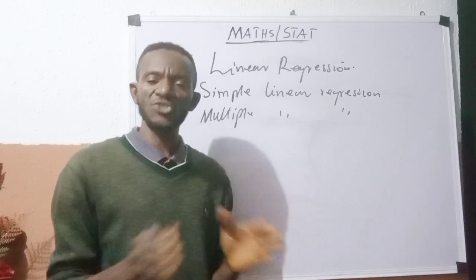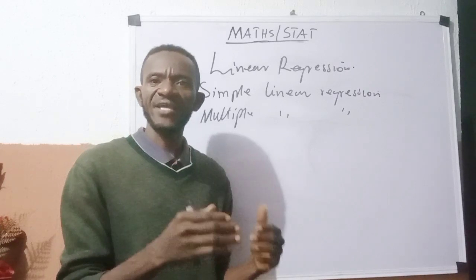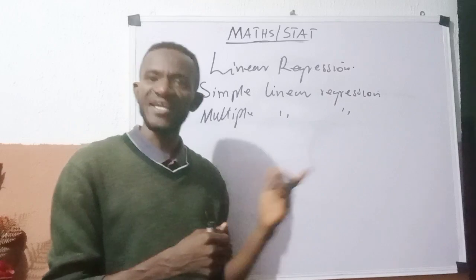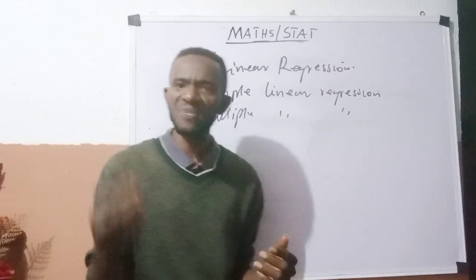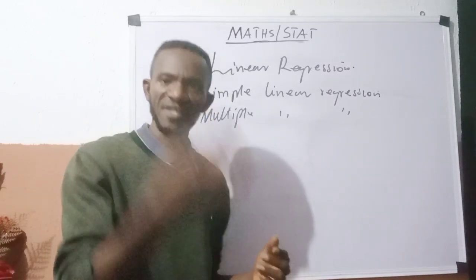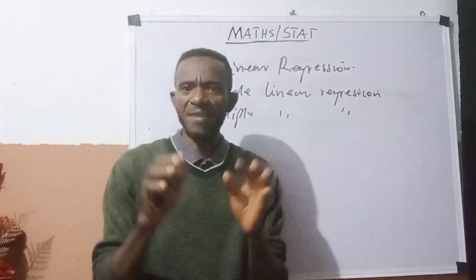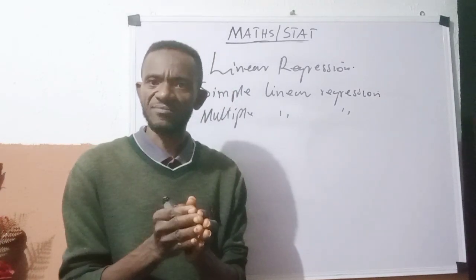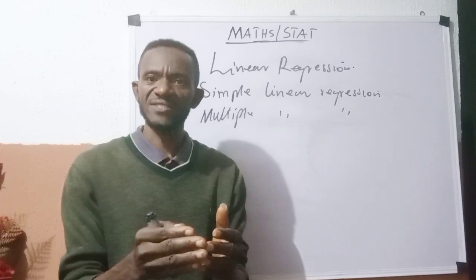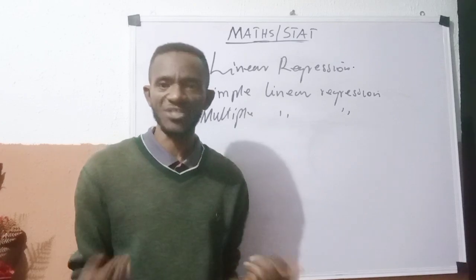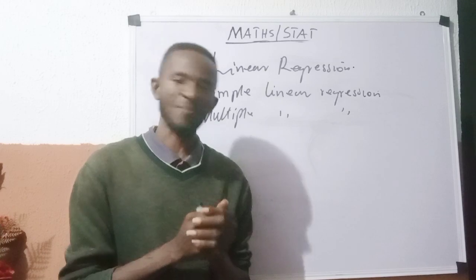So we are now going to show what we mean by the model of a regression. And what do we mean when we say the model of a regression? We are talking about a mathematical expression that represents a real life situation. That is what we mean by model.